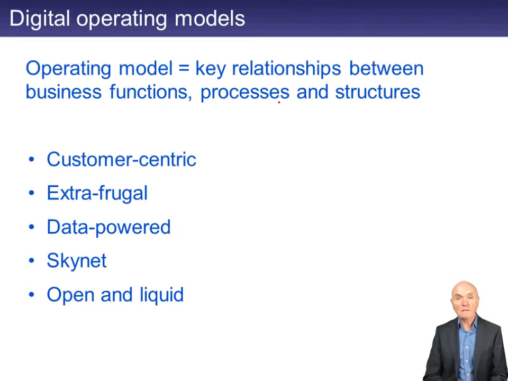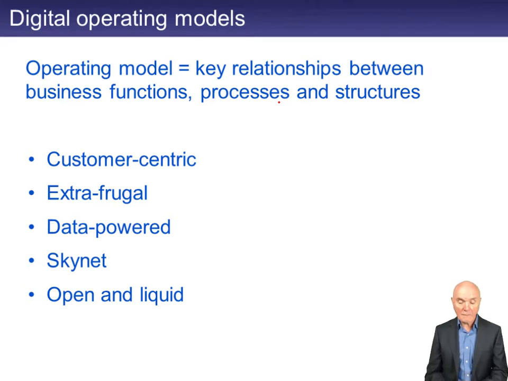Ryanair, and indeed other cut-price airlines, is very good at altering its prices many times a day, really just to try and encourage that extra bit of marginal revenue and get great efficiency into their operations. So extra frugal: deliver your goods or services at a lower cost, at a lower price, but nevertheless maintain profitability.